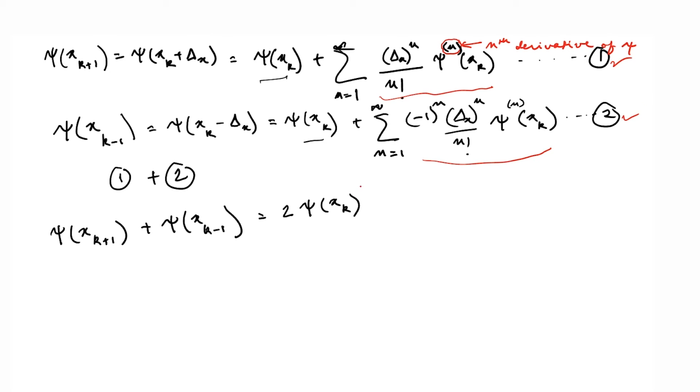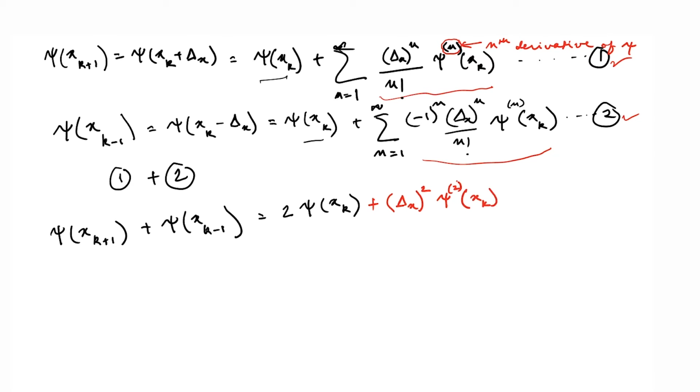If I collect them, what I will get is the following: delta x square psi 2 at x k.